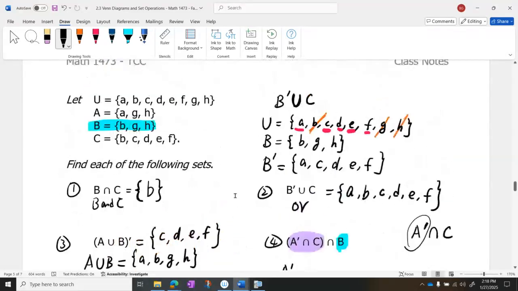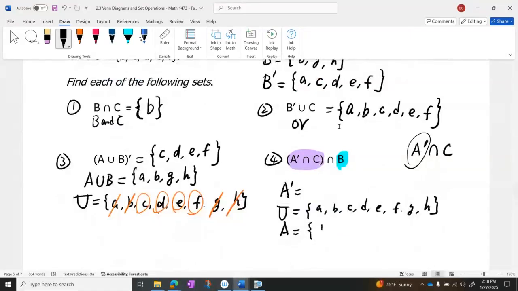Set A contains A, G, H. So in the universal set, I cross out A, cross out G, cross out H. I cross out the three elements in A. Then I have my A prime. My A prime contains B, C, D, E, F. And that is my A prime.